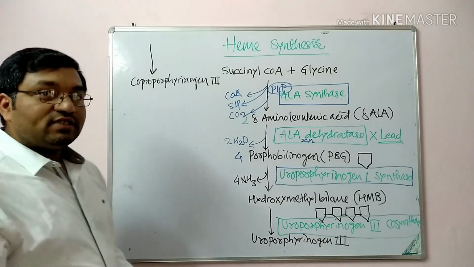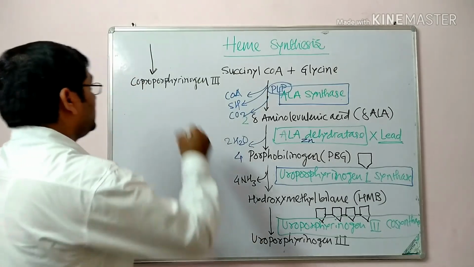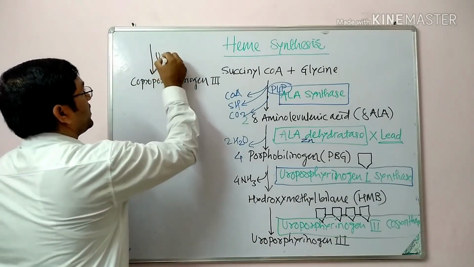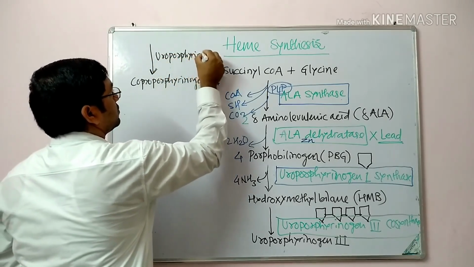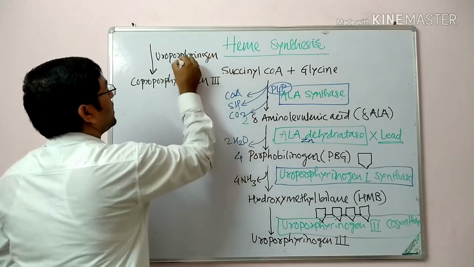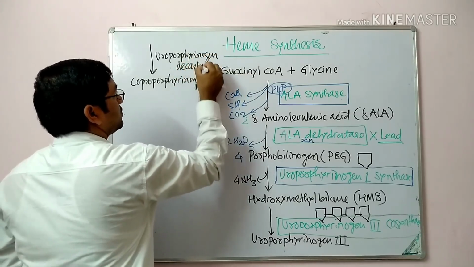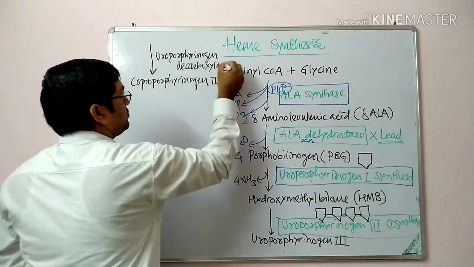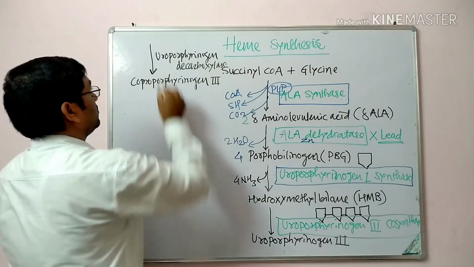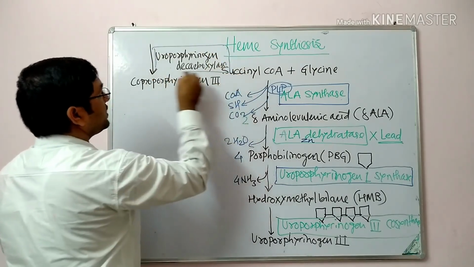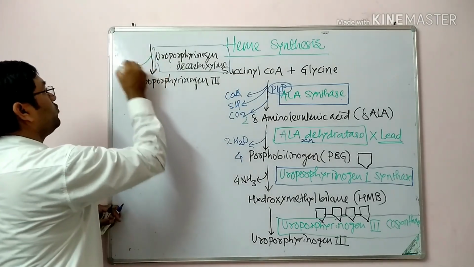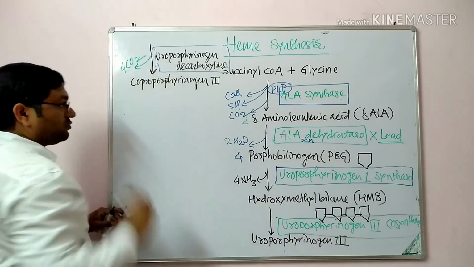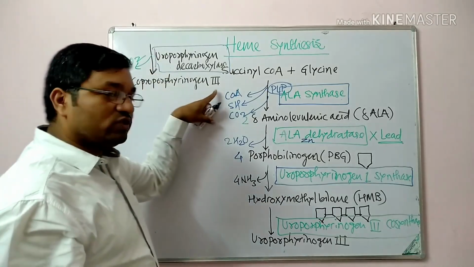And the important enzyme in this reaction is uroporphyrinogen decarboxylase, because decarboxylation is there, removal of 4 CO2 leads to the synthesis of coproporphyrinogen 3.